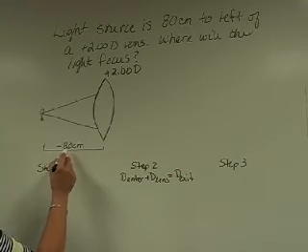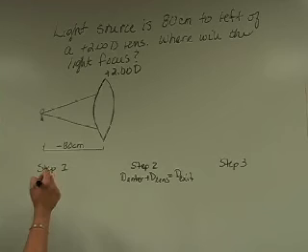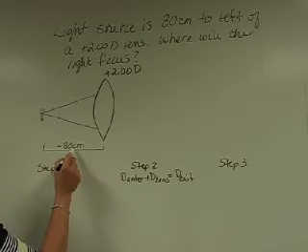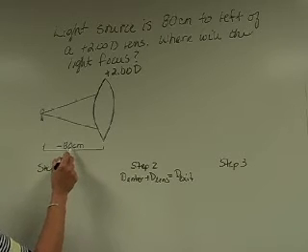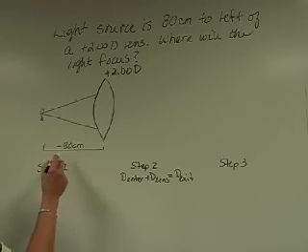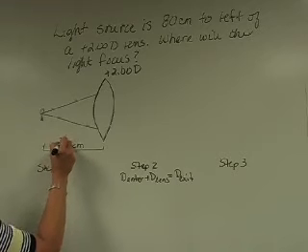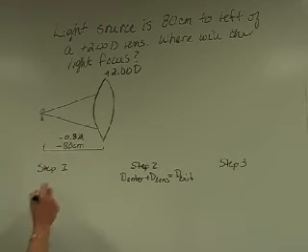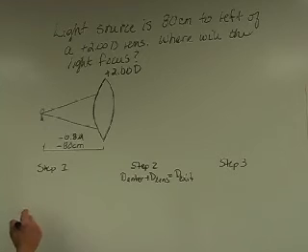The other thing is, when we did finding the focal lengths of a lens and also finding the diopter power using a focal length, we have to have this in meters. This is given to us in centimeters, so we need to convert that, and when we convert it, it ends up to be 0.8 meters. So now we're ready to use that in our equation.